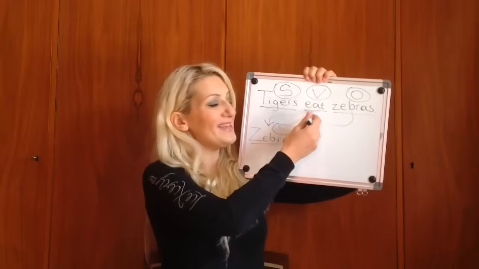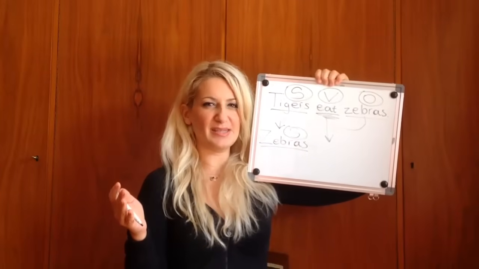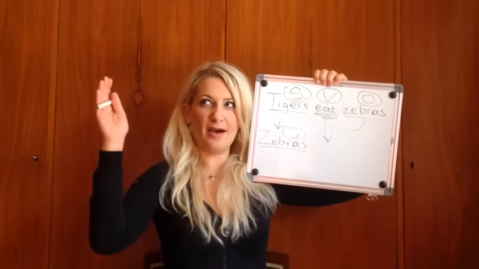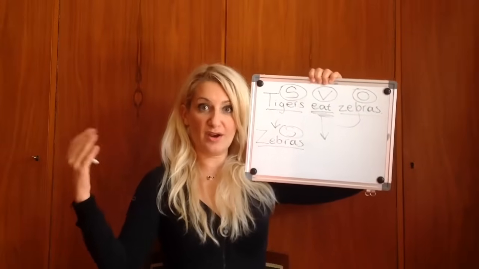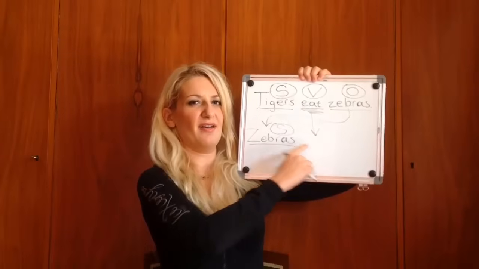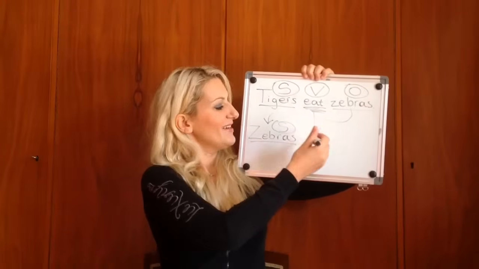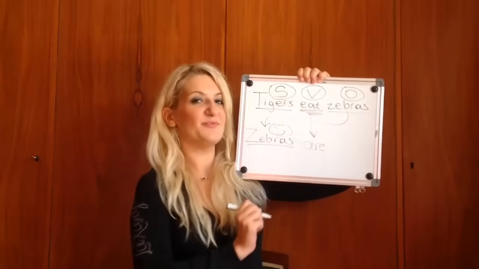In simple present, because this is simple present here. So, how is the verb to be in simple present? It is I am, you are, he is, she is, it is, we are, you are, they are. So in this case, zebras are. They are. So here we go, zebras are.